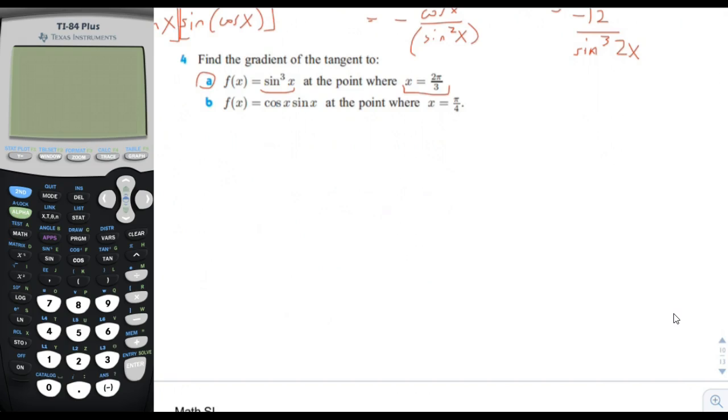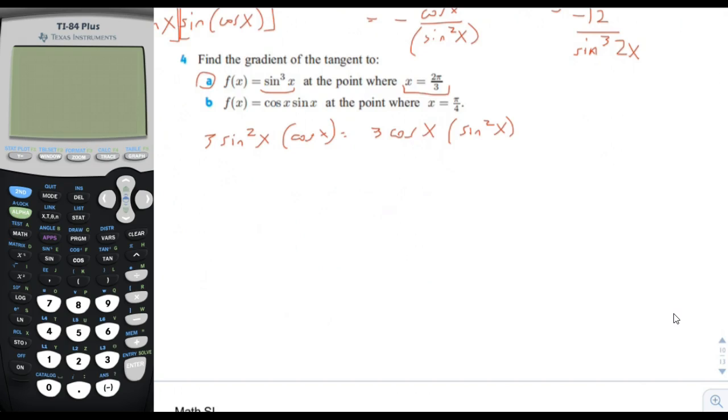So the derivative of sine cubed x is, use the power rule first, 3 times sine squared of x, and then you take the derivative of what's inside, which is sine of x. The derivative is cosine of x. So if you want to simplify that, you would put 3 times the cosine of x times sine squared x.